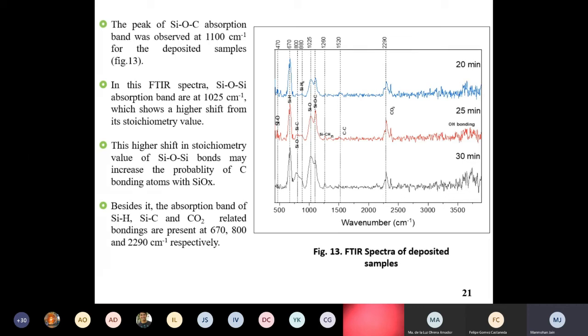As we discussed previously, this shift may generate a higher probability of having different atoms, and in this case the probability of carbon bonding atoms can be high. Besides it, in FTIR we can see SiH, SiC and CO2 related bondings, which are present at 670, 800 and 2290 centimeter inverse wave numbers.